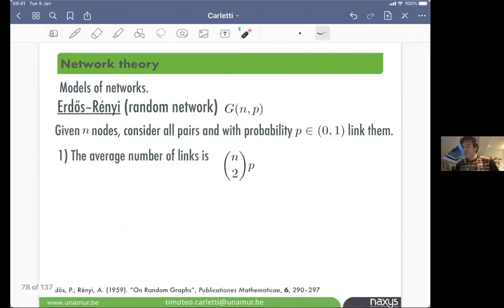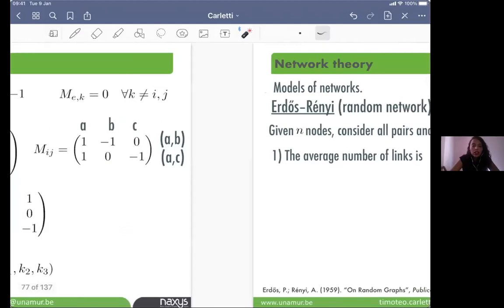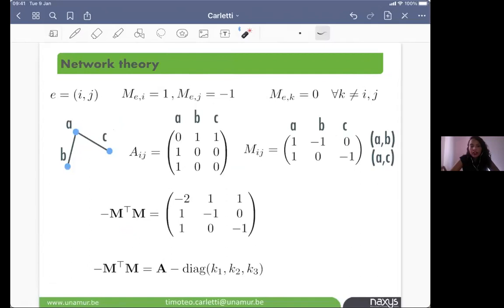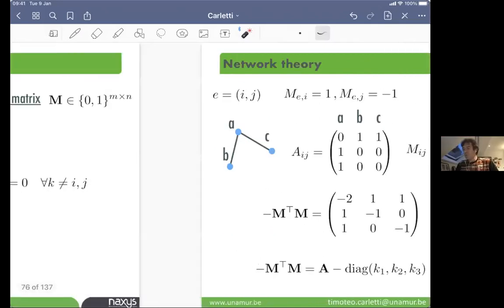Okay, so let me now show you some models of networks. Excuse me, can I just ask a short question? I didn't get if I can weight the edges when it's a directed network. When you have direction, you can also weight in this case.